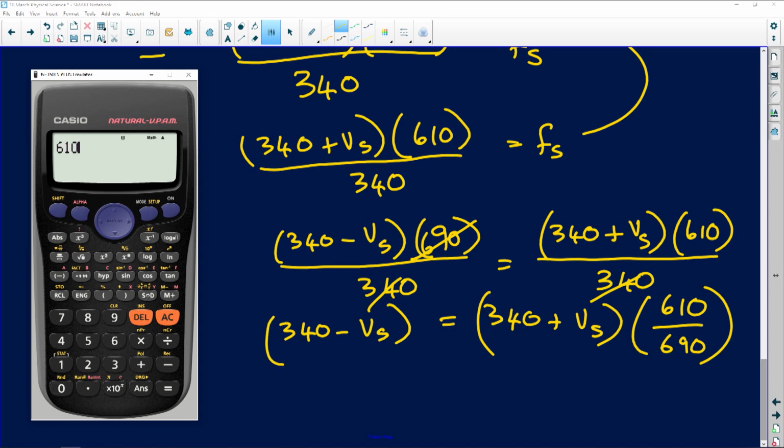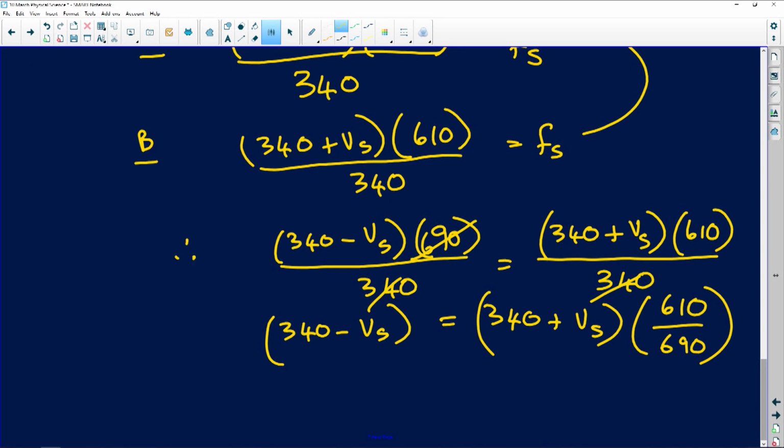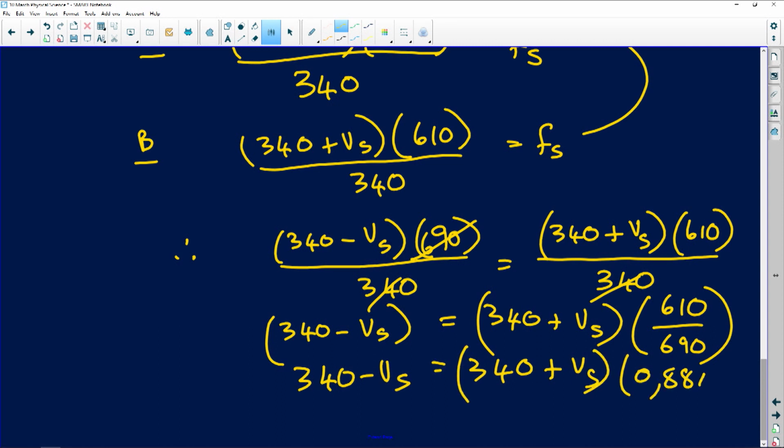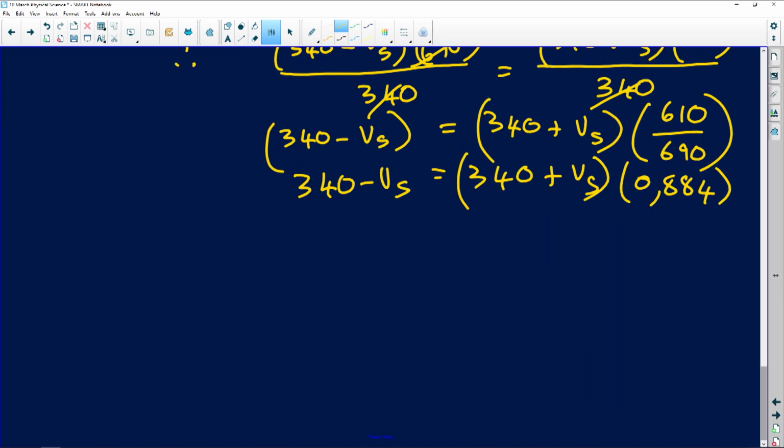So 610 divided by 690 gives me 0.884. So we go 340 minus Vs equals 340 plus Vs multiplied by 0.884.